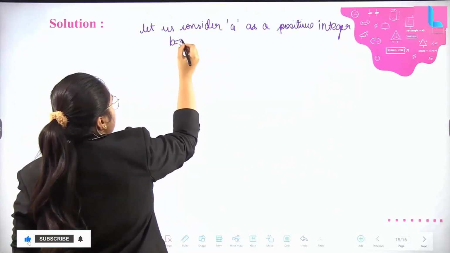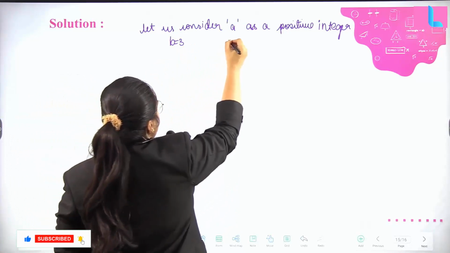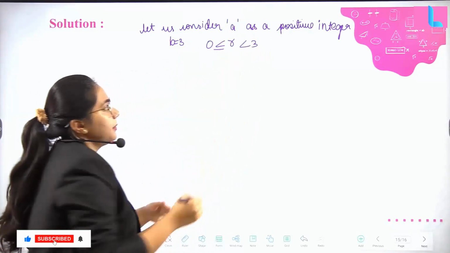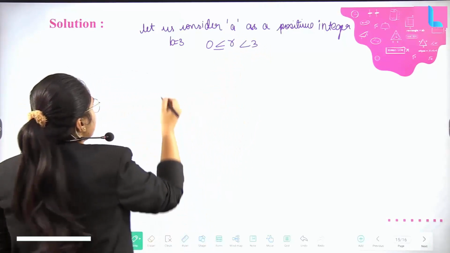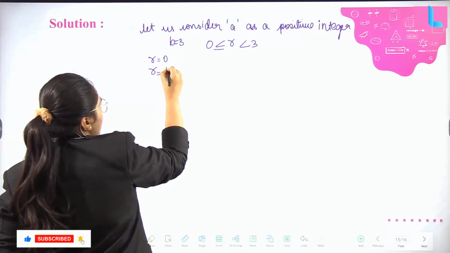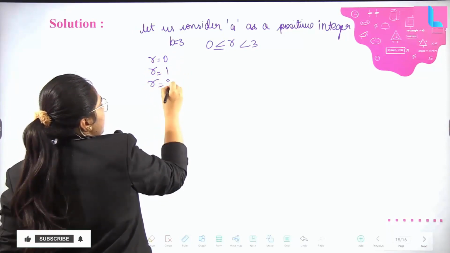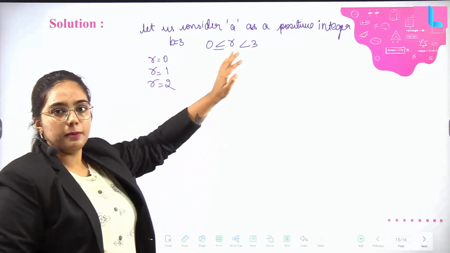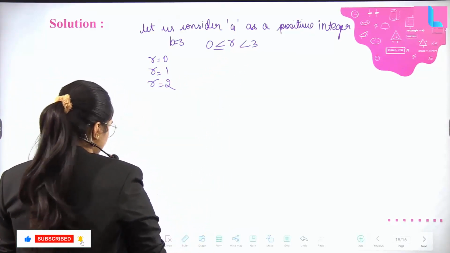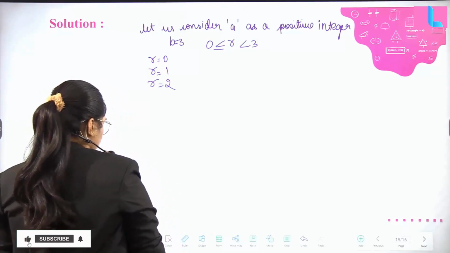As soon as you write b is equal to 3, something else also should strike into your mind, that is r lies between 0 and 3. What are the possible values that r can take? r can take 0, r is equal to 1, r is equal to 2. It cannot take 3 because it should be less than 3. So case 1, case 2 and case 3 is what we have to solve.